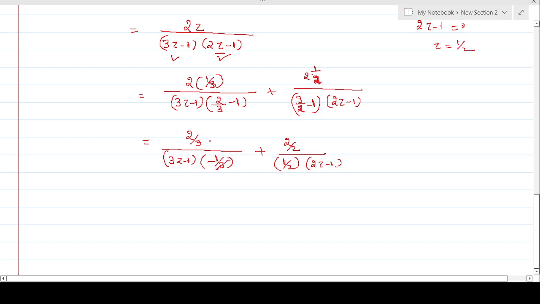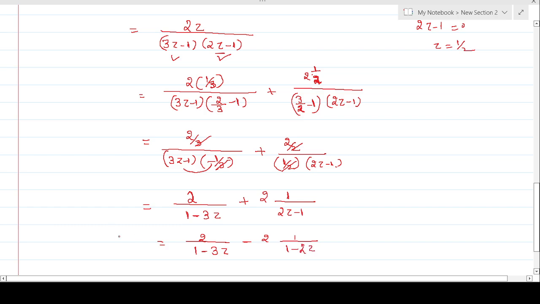Okay, so 3 cancels. You multiply this negative sign inside this bracket, so it is 2 by 1 minus 3z. 2 cancels, so it is 1 by 2z minus 1. Now take the negative sign common, so it is 1 by 1 minus 3z, and taking the negative sign common, it is 2 upon 1 by 1 minus 2z.